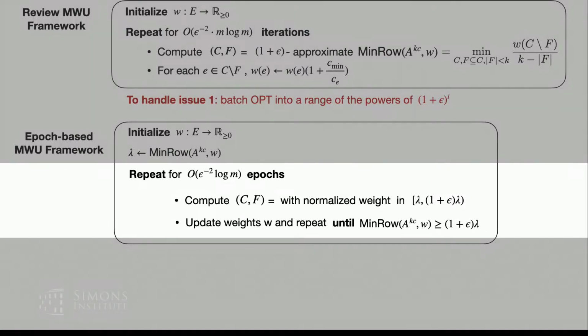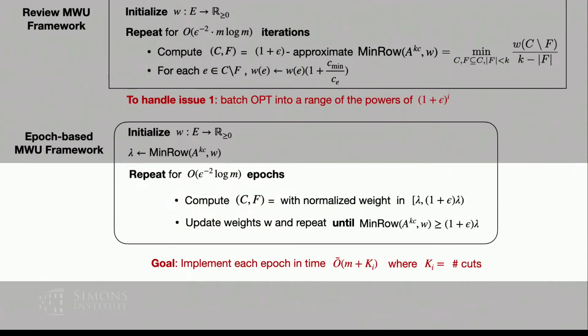Now I'm going to focus on how to speed up and implement this epoch. The goal is to implement this in running time of linear time plus the number of cuts that we output inside the epoch.